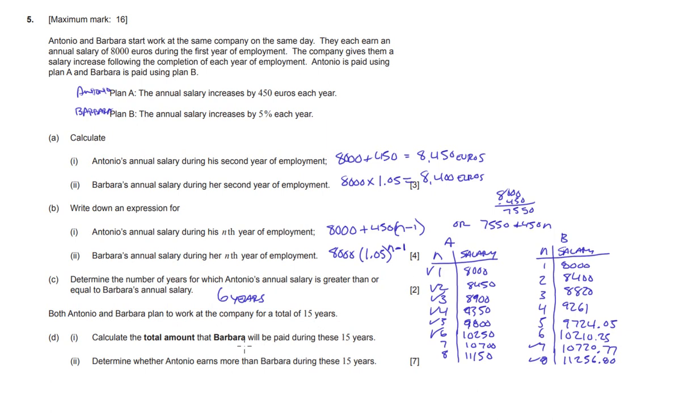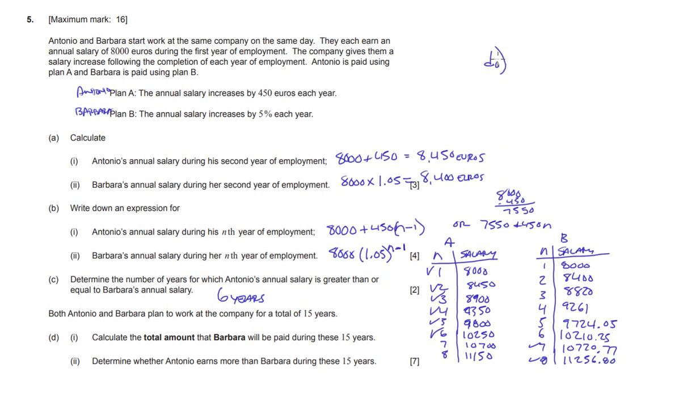Okay. Both Antonio and Barbara plan to work at the company for a total of 15 years. Calculate the total amount Barbara will be paid during these 15 years. Okay, so all we have to do now is plug 15 into this for the n, for the number of years, right? So let's do this up here where we've got some more room.